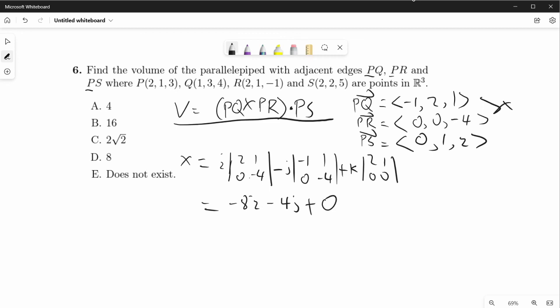So this resulting vector is -8, -4, 0. And then we dot this with PS.